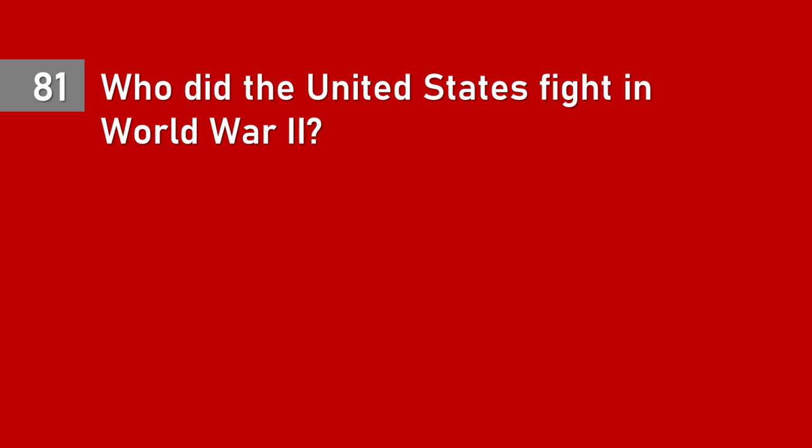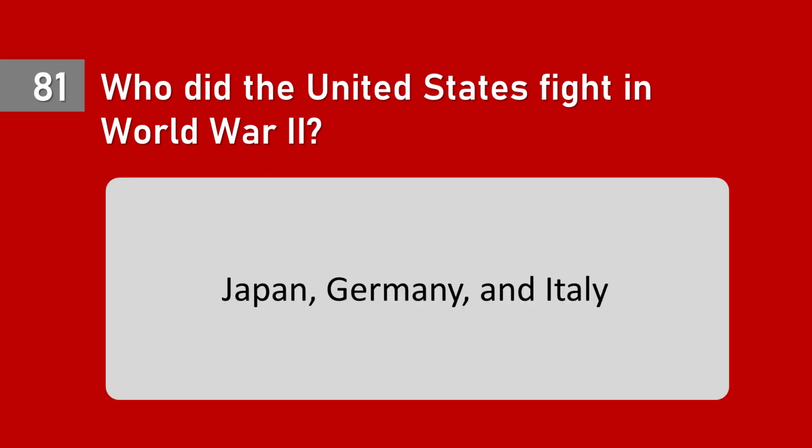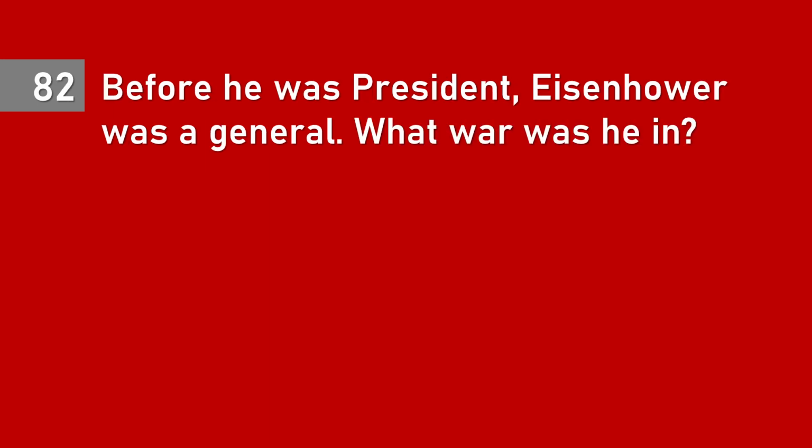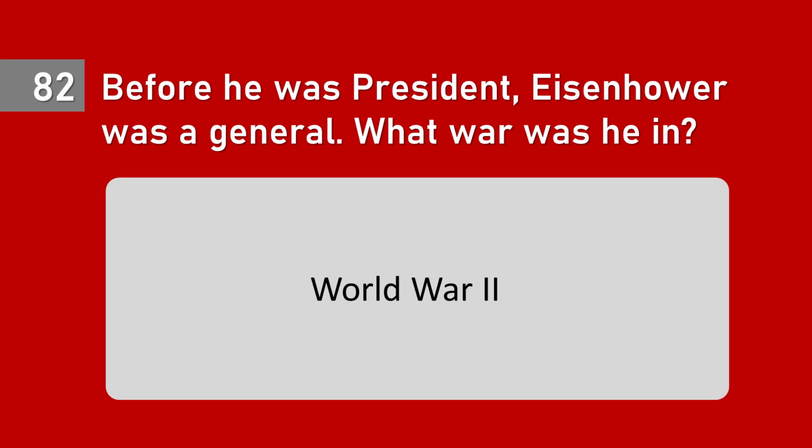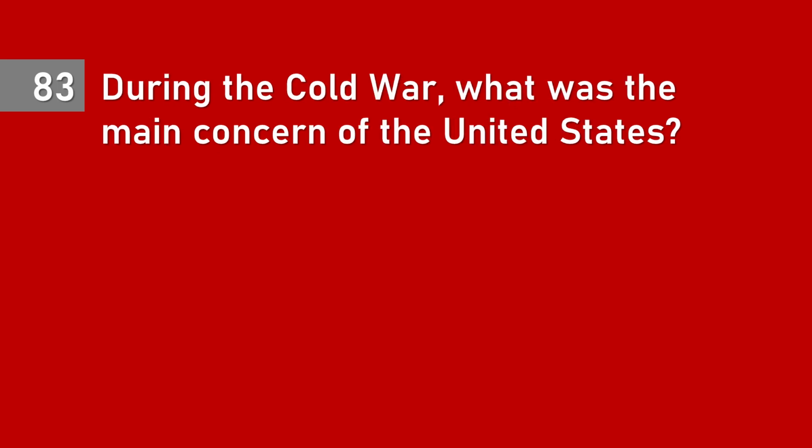Who did the United States fight in World War II? Japan, Germany, and Italy. Question 82. Before he was president, Eisenhower was a general. What war was he in? World War II.